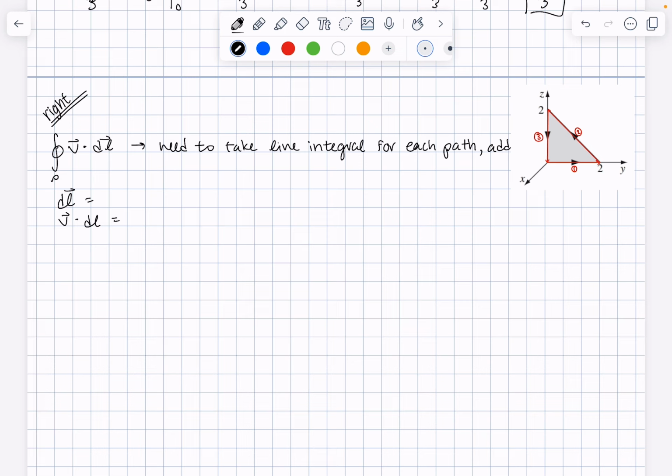So since we're in Cartesian coordinates, we can just say that our dl is going to be dx x hat plus dy y hat plus dz z hat.